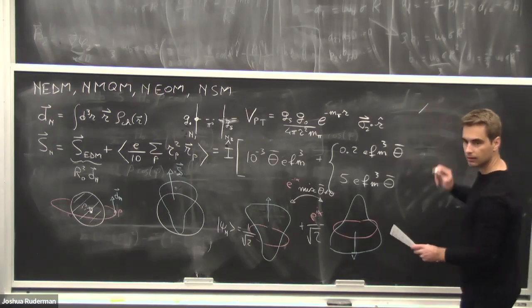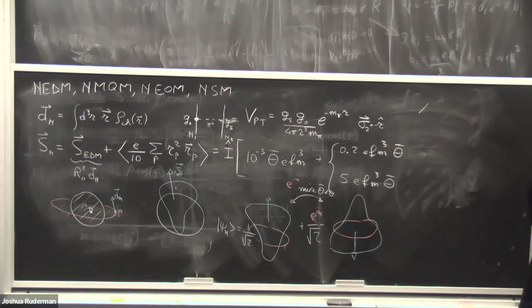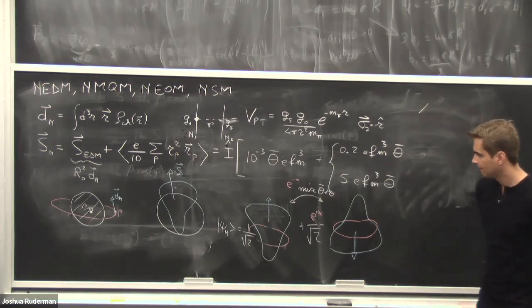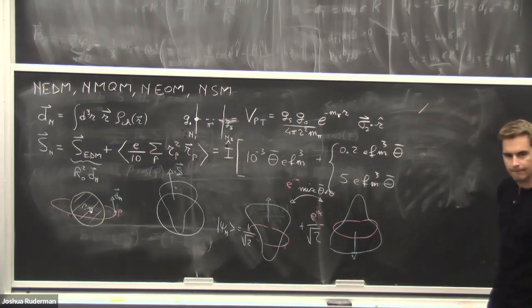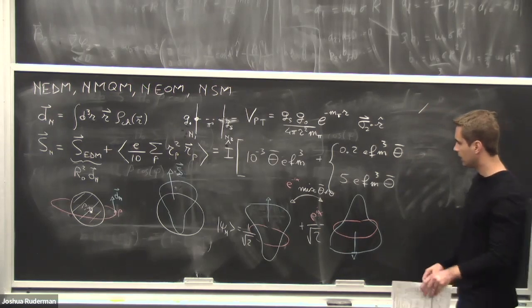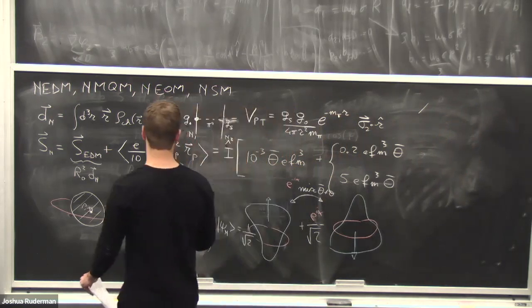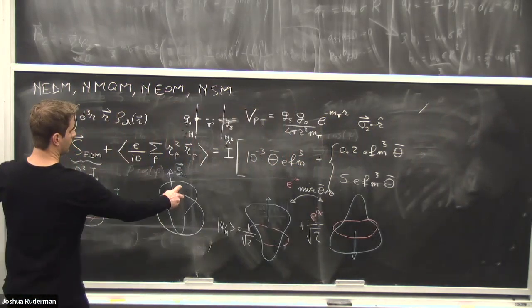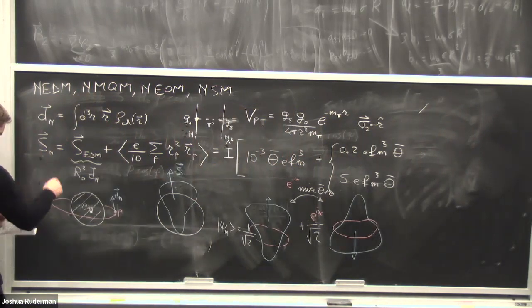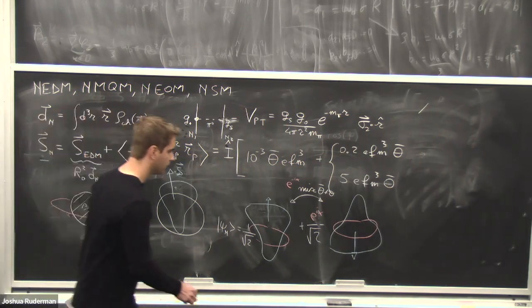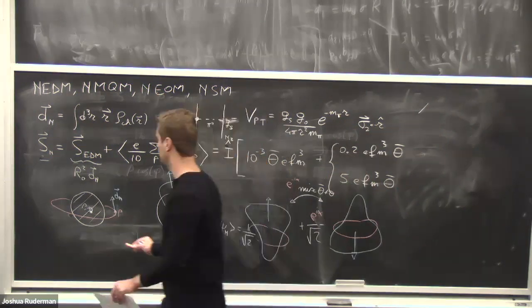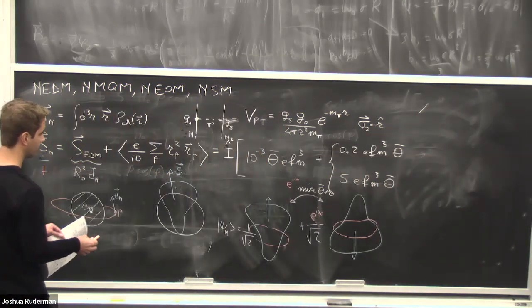Oh, I see, but this is along the direction of its own spin. Yeah. So now what I'm saying is, let's do the symmetries. This is parity odd, but time reversal even, right?